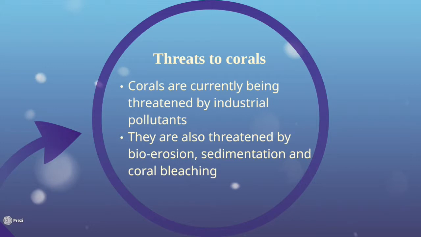These pollutants can contain mercury, lead, sulfates, and nitrogenous compounds, which can eliminate biodiversity through eliminating species and animals. They are also threatened by bioerosion, which is the erosion of the calcium carbonate shell on top of the hard corals due to biological events, and sedimentation, which is the deposit of sediment on top of the corals brought to the ocean by water and land sources.